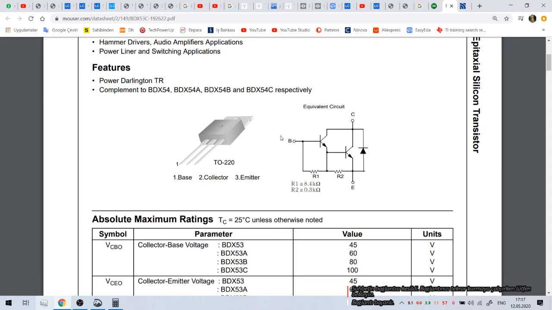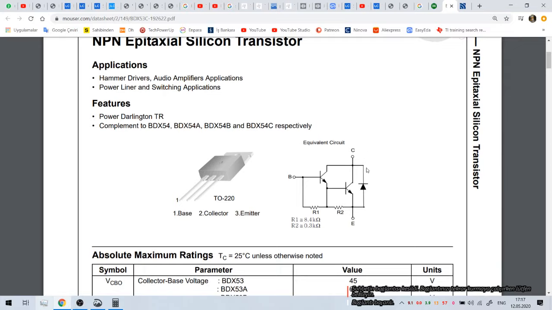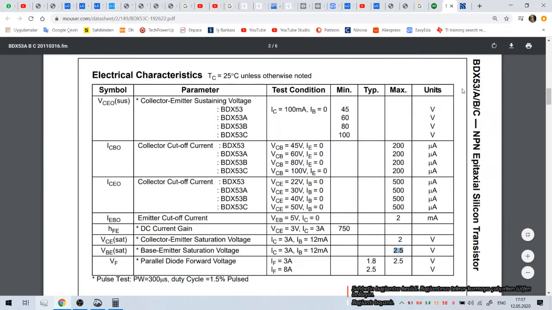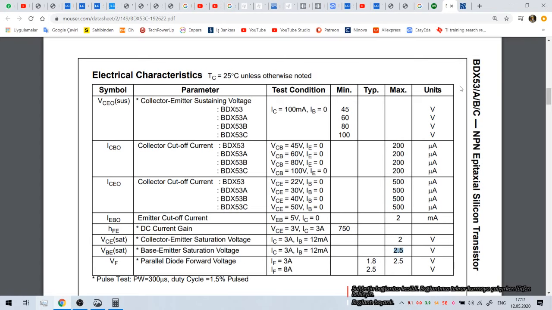Okay, not important, I will take a look at this. Also, this collector emitter voltage seems high to me, but not very important.